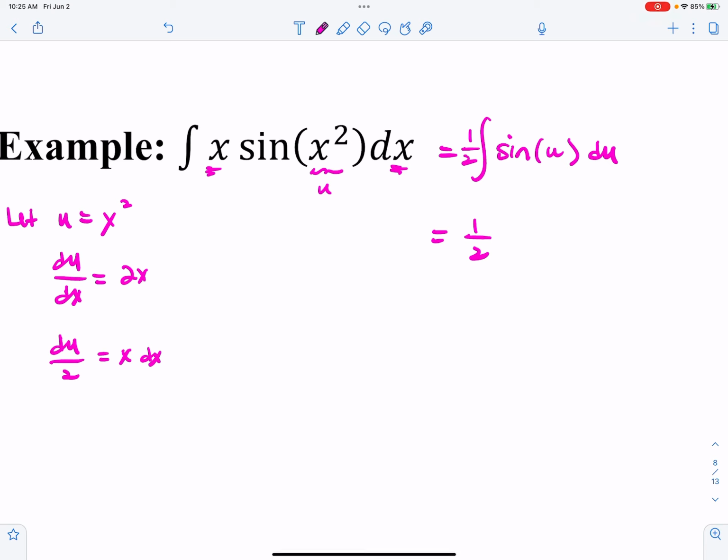And then when we integrate sine, that's going to be negative cosine. So this will be negative 1/2 cosine of u plus c. And then last step is to substitute that x squared back in for u.